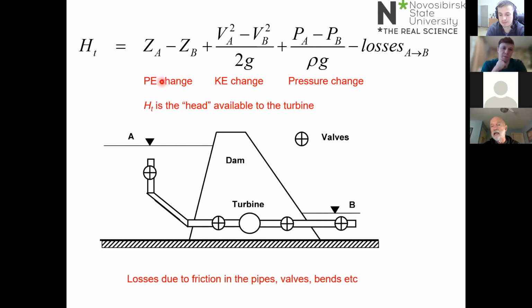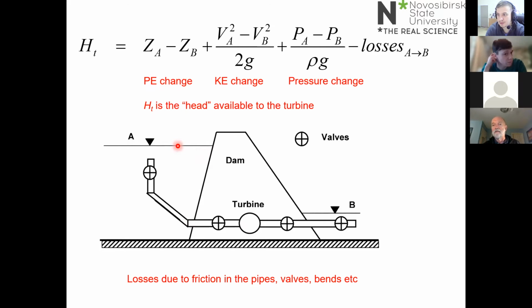There can be a potential energy change. If the elevation of A is considerably higher than the elevation of B, then there's a significant potential energy in the water. And most of the turbine types that we're going to be looking at rely on a head difference between A and B. Okay, that head difference can be very large.